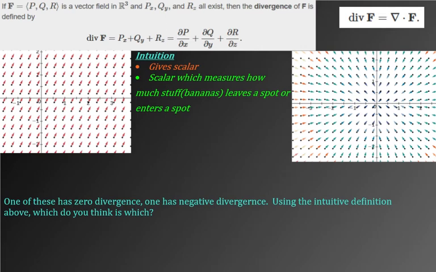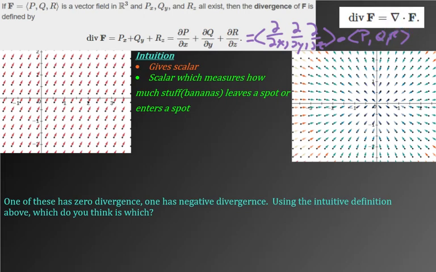And if you think about it, this thing is basically a dot product of partial with respect to x, partial with respect to y, partial with respect to z, this thing dotted with p, q, r. If you just dot those, we could write it this way, and that's what we mean by divergence, okay?